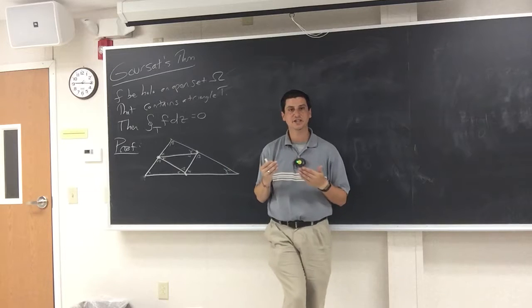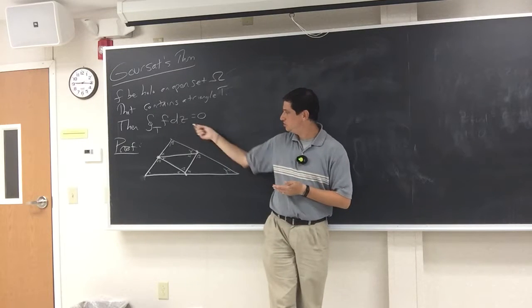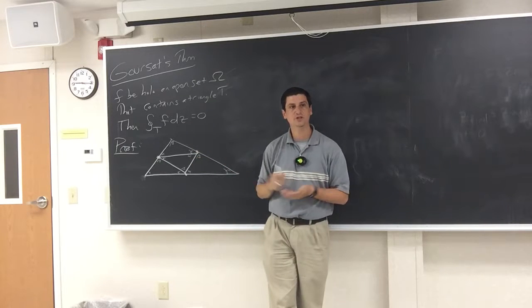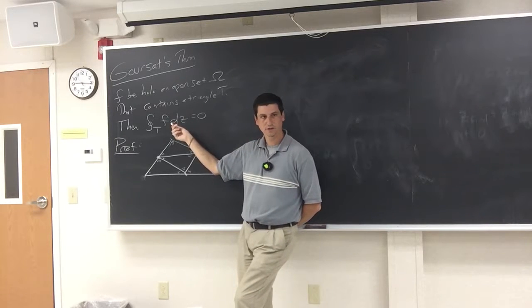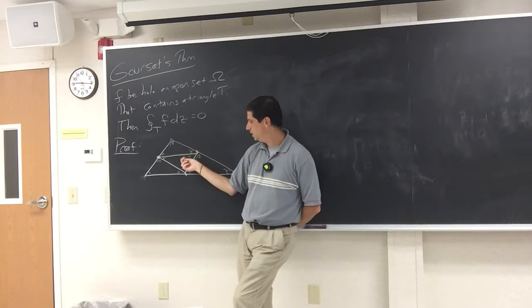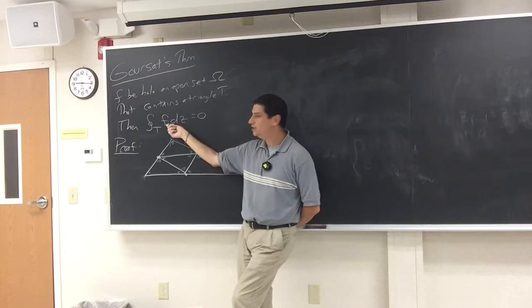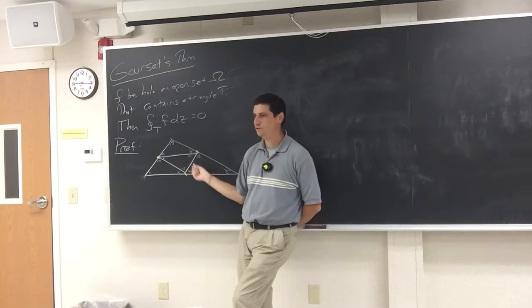All the internal sides are hit twice in opposite orientations. So the integral over the big triangle is the same as the integral over the 4 smaller triangles because things cancel. So the integral is equal to the sum of those 4 integrals. So the absolute value of this integral is equal to the absolute value of the sum of the 4 integrals.